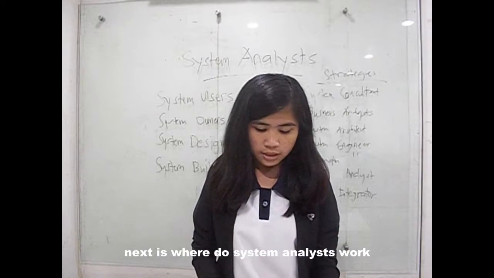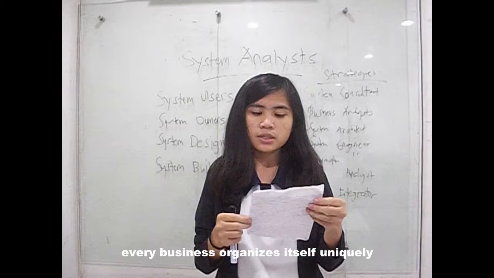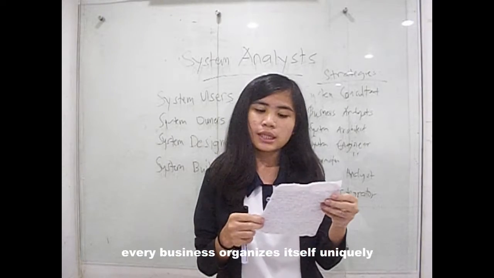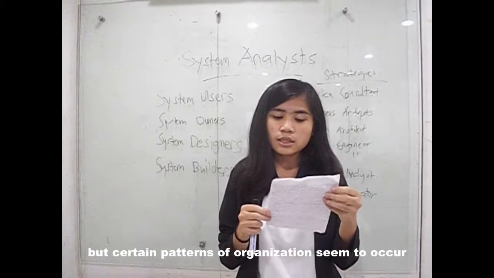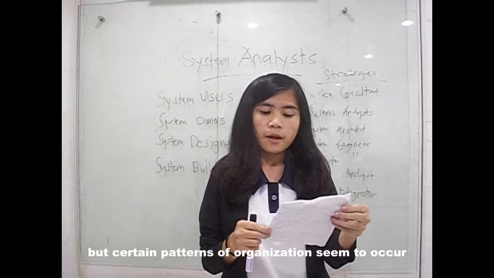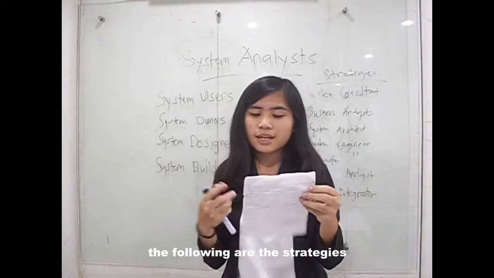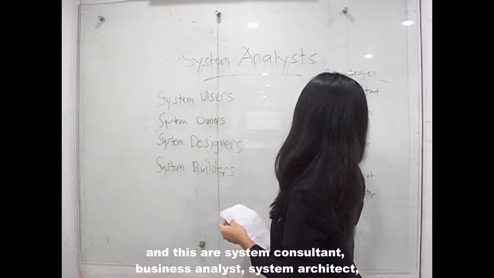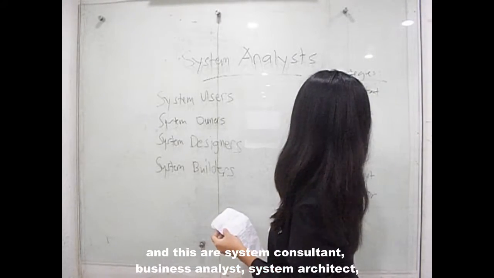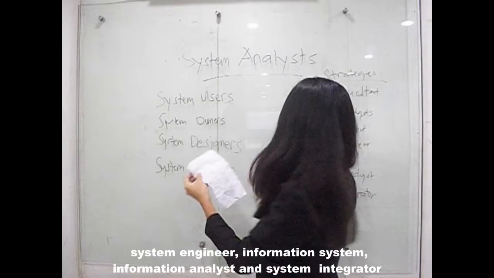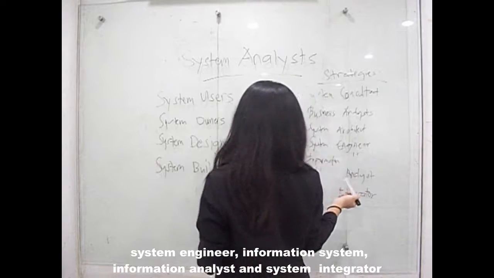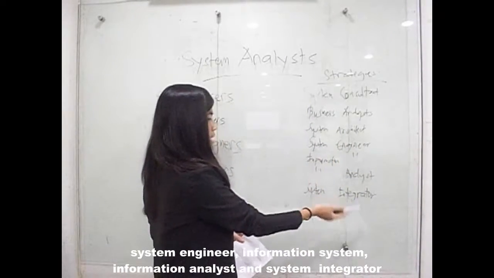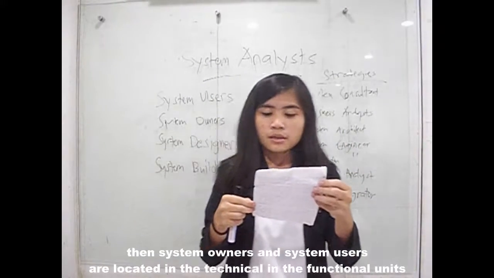Next is, where do system analysts work? Every business organizes itself uniquely, but certain patterns of organization seem to occur. The following are the strategies. And these are the titles: system consultant, business analyst, system architect, system engineer, information analyst, and system integrator. 1.